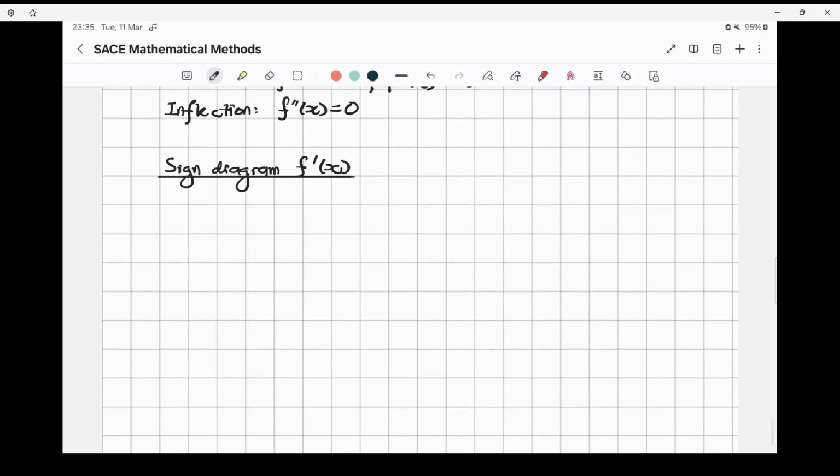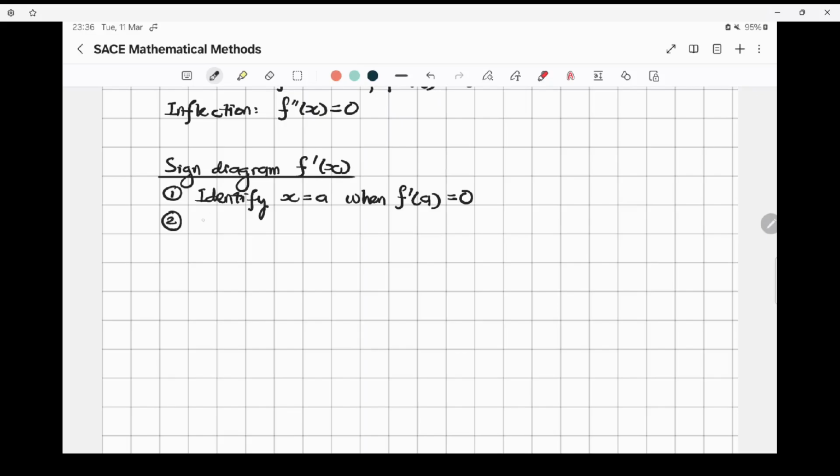So for sign diagram of f prime x, the first thing that you need to identify is x when f prime of a is 0. So identify the value of a.